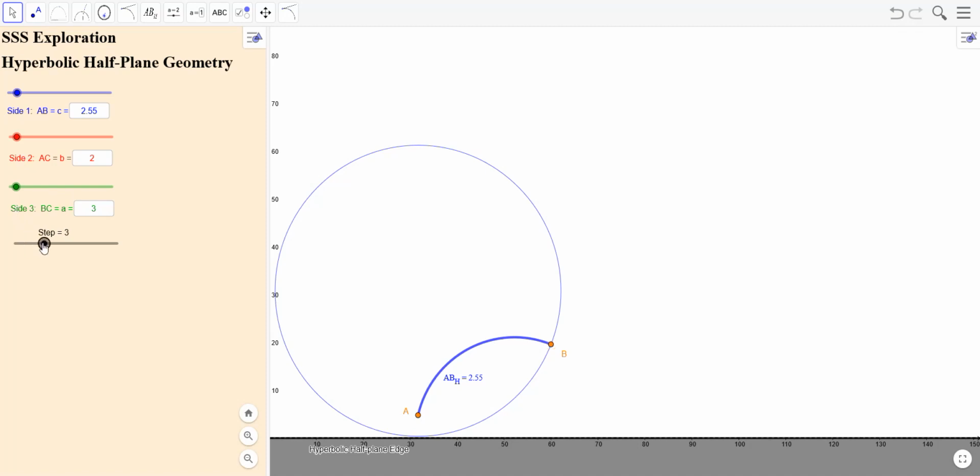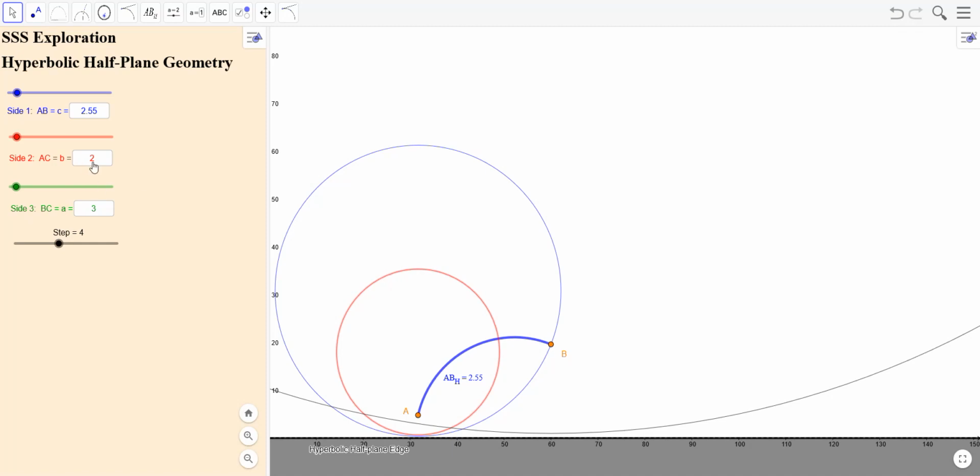Now we use a compass and make a circle centered at A of the radius b, and one at C of the radius a. The point C has to be on this circle.